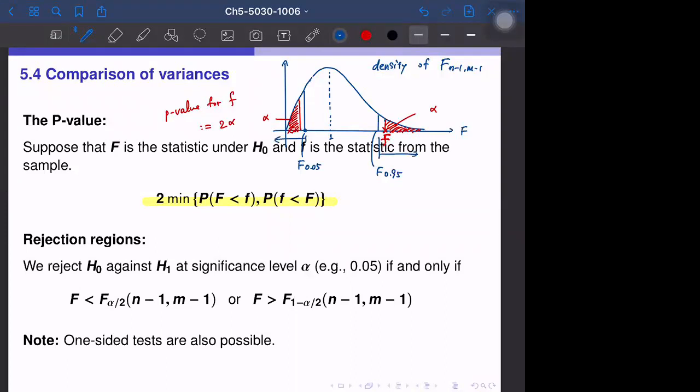So this area and this area, the sum of these areas, is the rejection region.